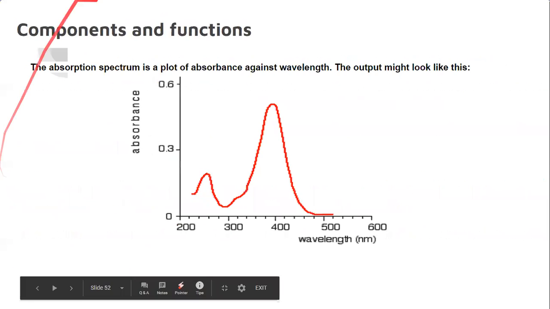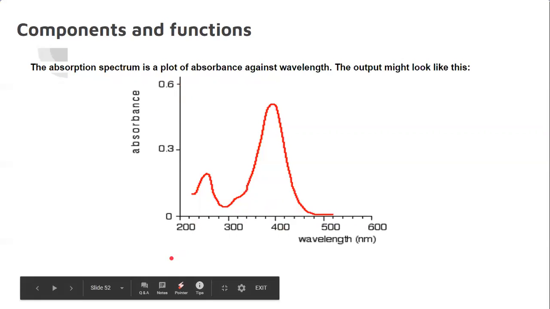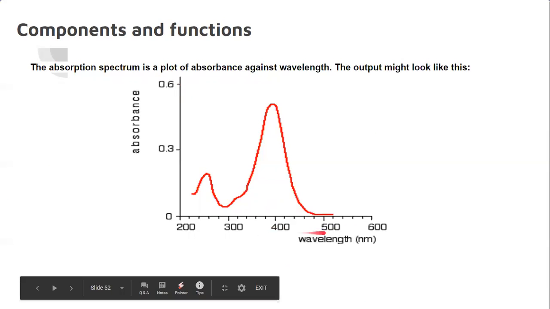The recorder hardware will convert those signals into the spectrum. Here, this is the y-axis and this is the x-axis. If you are recording a UV-visible spectrum, your light range is 200 to 800 nanometers, so on the x-axis we take the wavelength and on the y-axis absorbance.